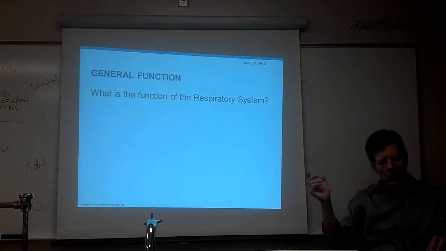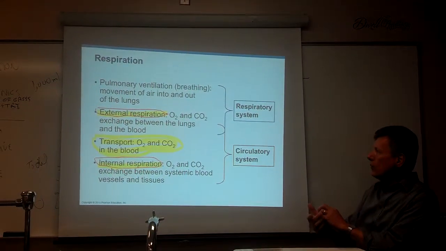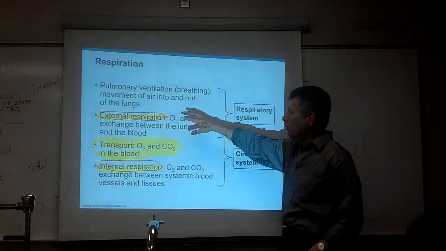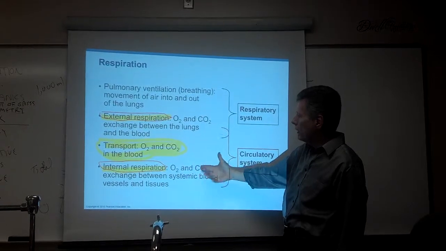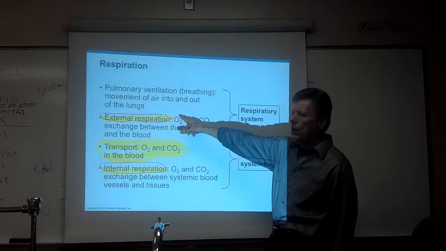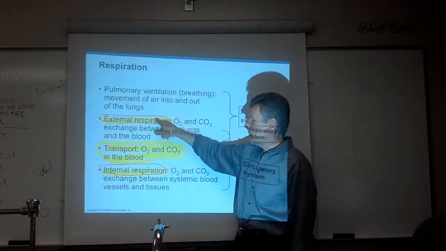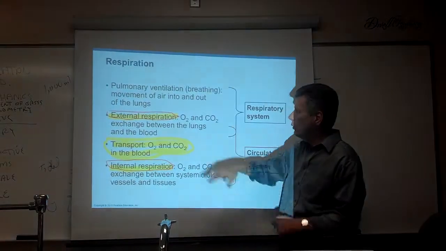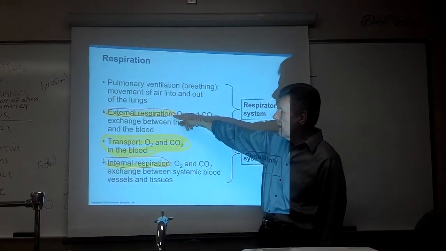What's a function? We already talked about that. Here's a couple fancy words. External respiration. Now, I explained that the word respiration comes from the microscopic exchange of oxygen at the cellular level. But we use the word to breathe, I'm respiring. We call that external respiration, and the cellular one internal respiration, in order to distinguish between biochemistry and cell biology and gross anatomy.